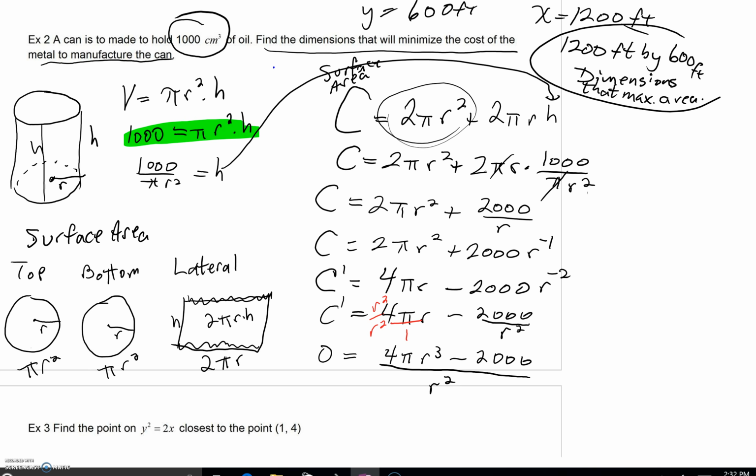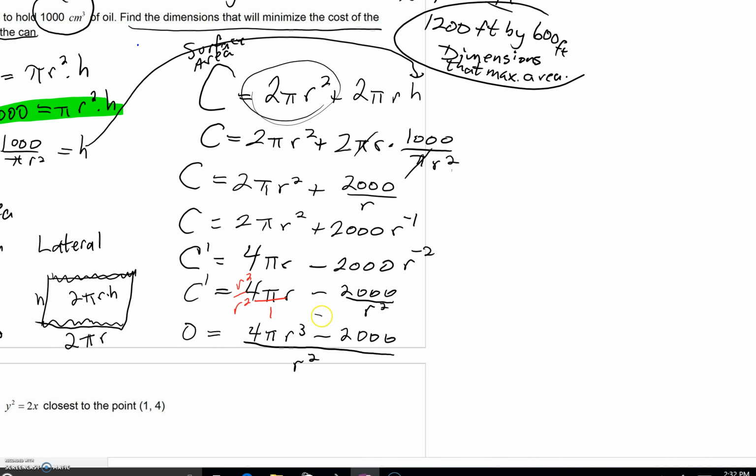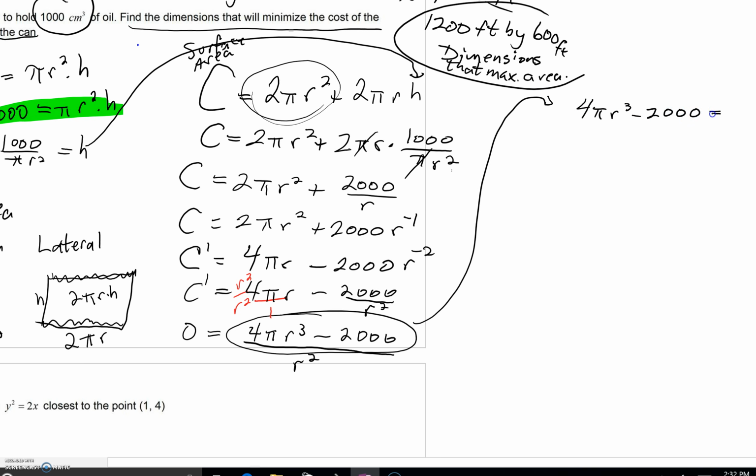So you go, okay, so then what? Well, you're going to actually be looking at where the top could equal 0. And this might not be the nicest looking equation that you'd ever see. You can divide both sides by 4 pi, and of course 2,000 divides by 4, and you'd even get 500.